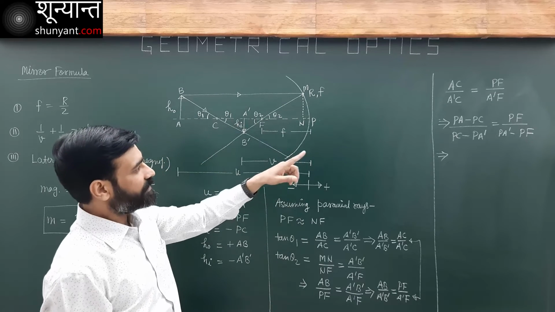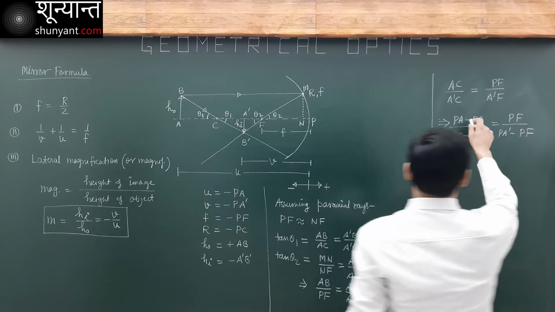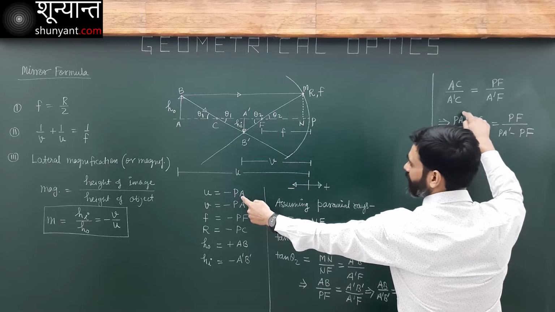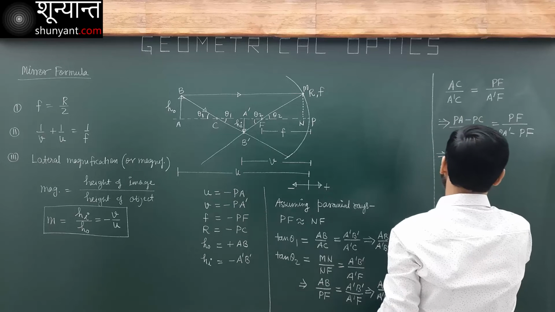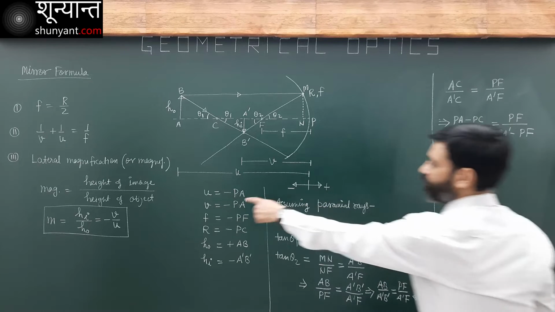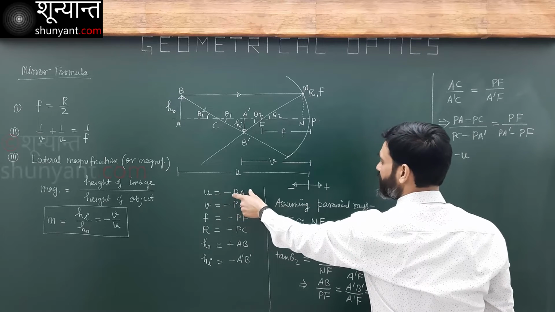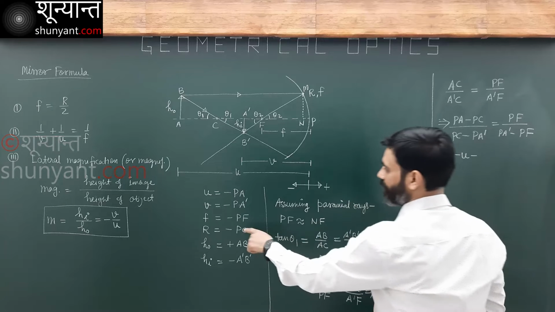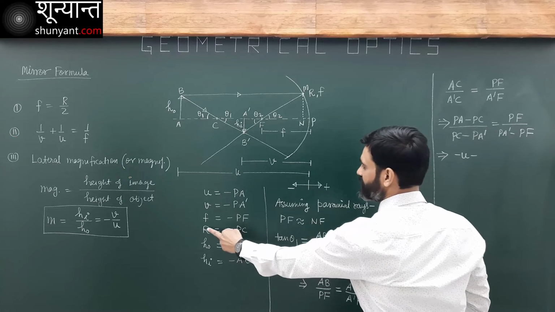Now PC, PA, what is PA? PA is minus U. U is minus PA, so PA becomes minus U, minus PC. What is PC? PC is minus R.